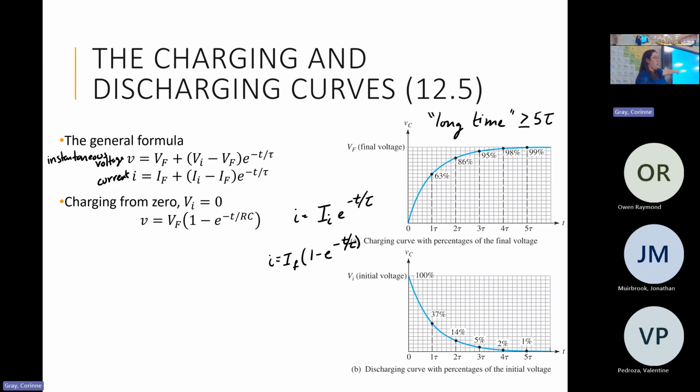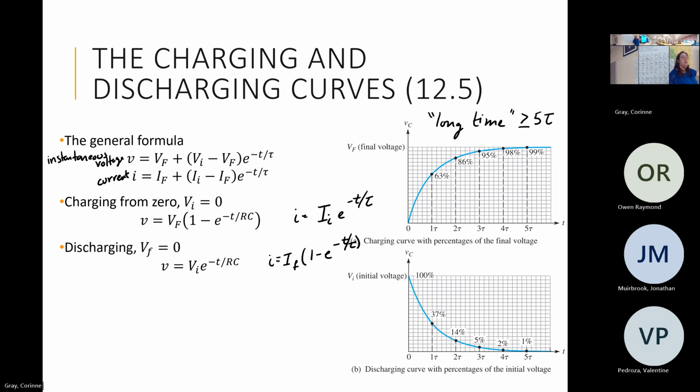If you had it discharging, it sets up a little bit different, because we don't have that battery, so the equation looks a little different, but it'll pop out as this. We generalize it, and this top equation instead pops out.